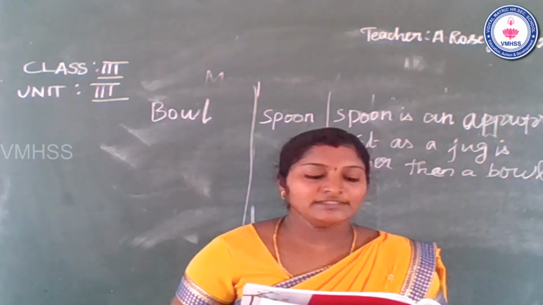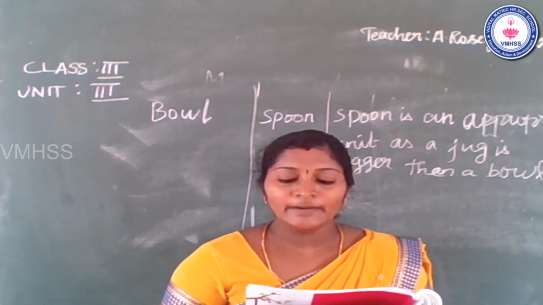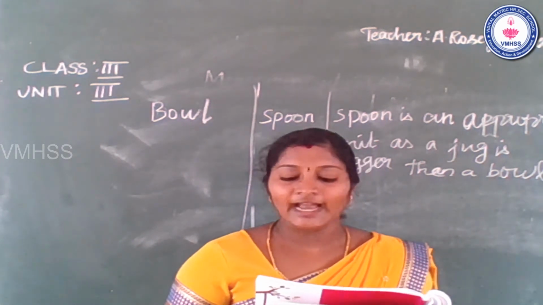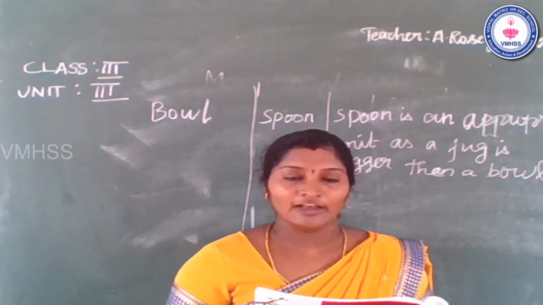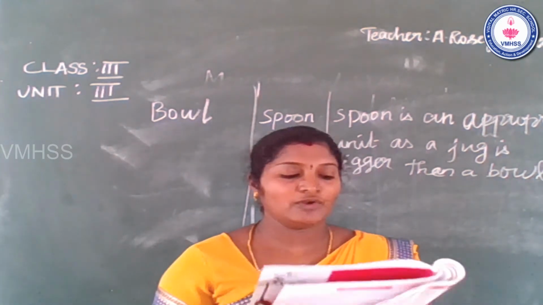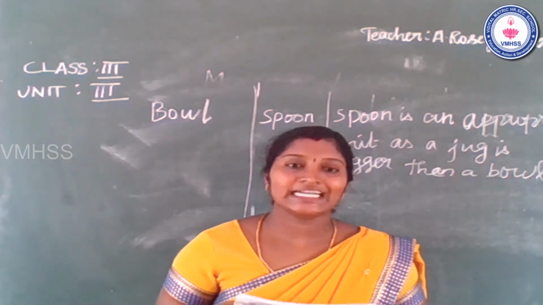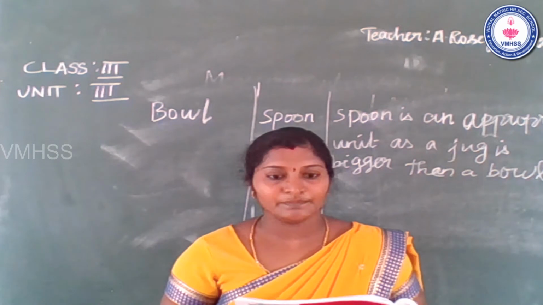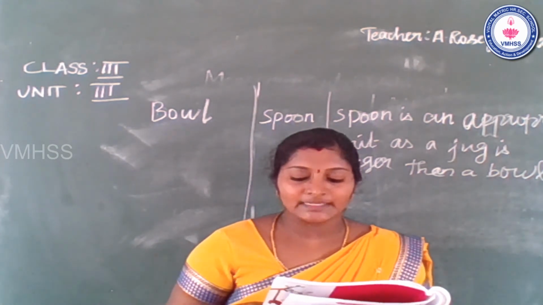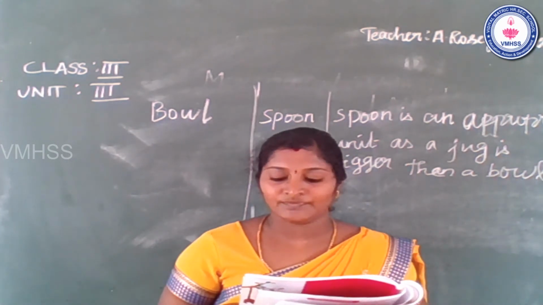Okay, so the first one, bucket: the unit is mug, and the reason is the mug is a bigger unit and fills the bucket faster. The second one, glass: its unit is a cup, circle the cup. The cup is the bigger unit and fills the glass faster.